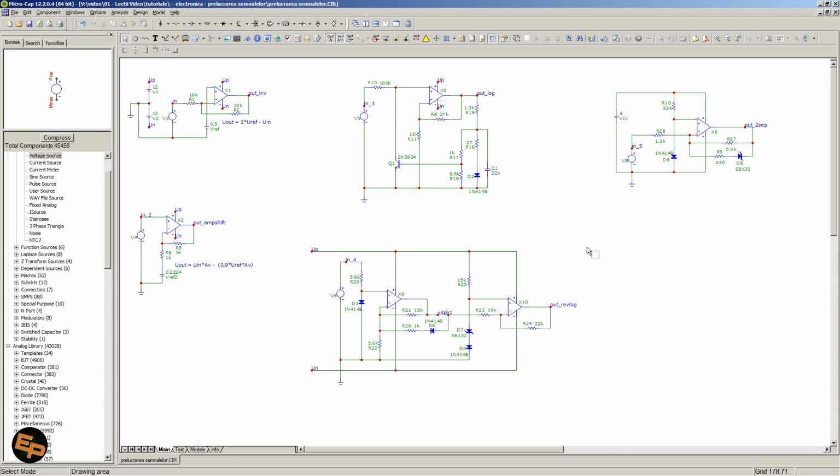I will show it to you to exemplify where I had the need to do this, to convert a linear voltage into a reverse logarithmic voltage, and why I chose what I chose.